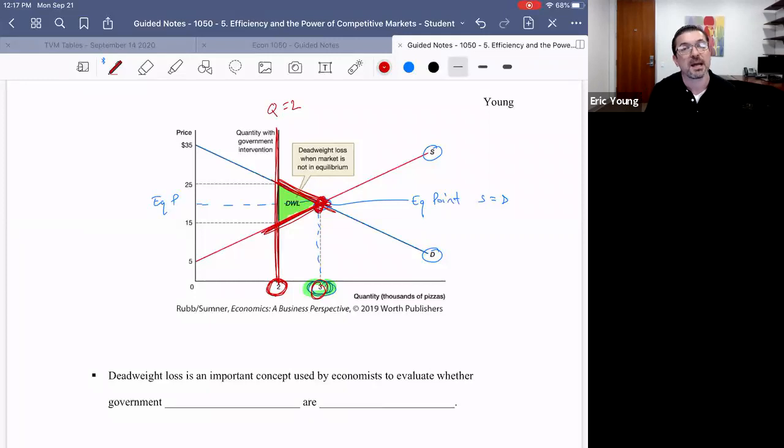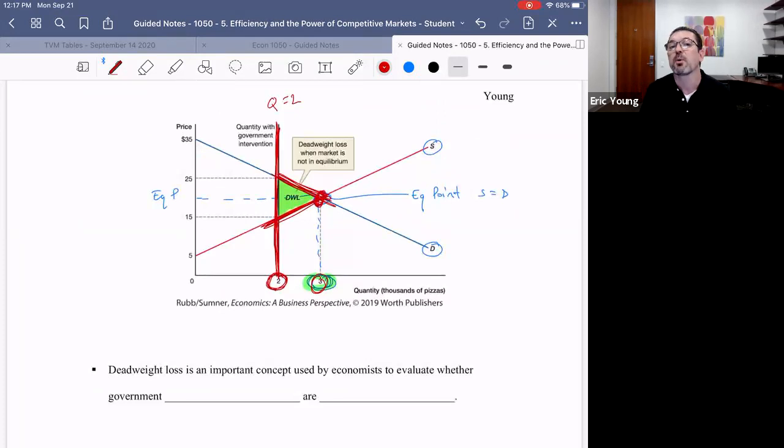So it's a triangle, again, bordered by the supply and demand curves, and on the left by the inefficient, artificially low output level. Either way, it's really important to understand that because we're not at equilibrium here, because we're producing 2 units and not 3 units, society suffers.